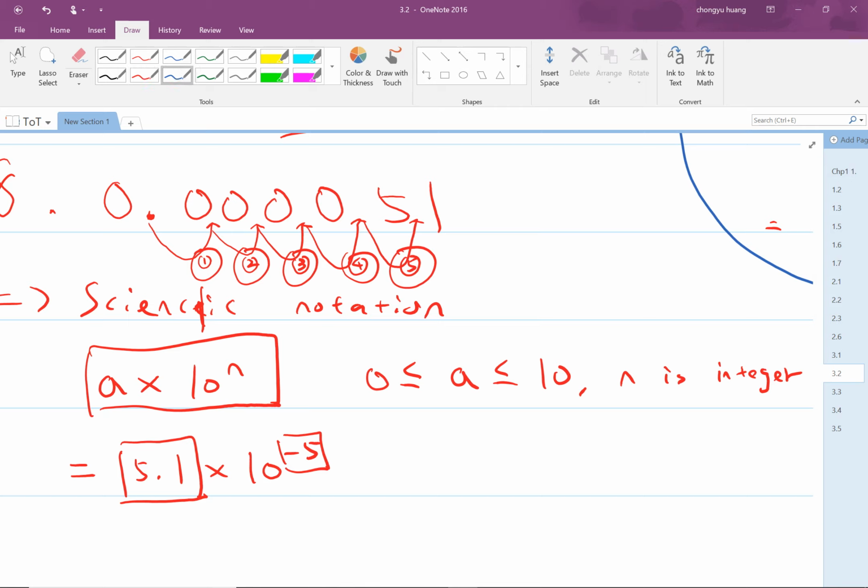Let me change to a blue pen. So another method to know what n is, is basically you count how many 0 before 5. Let's be really clear over here.